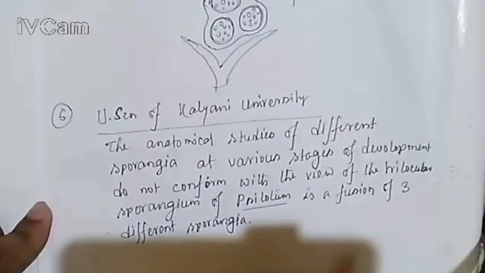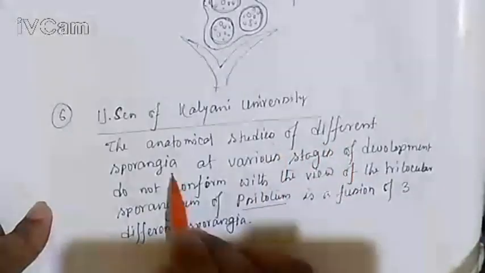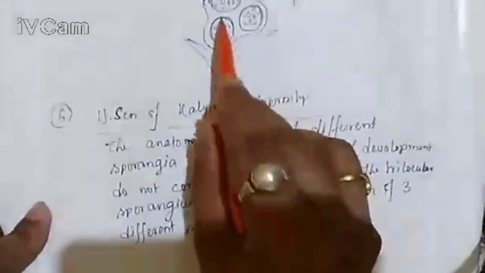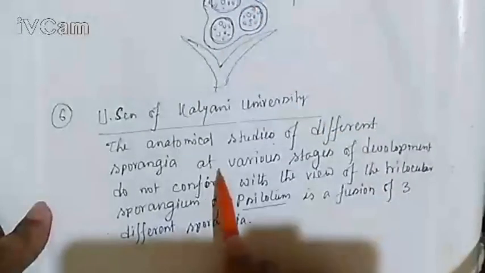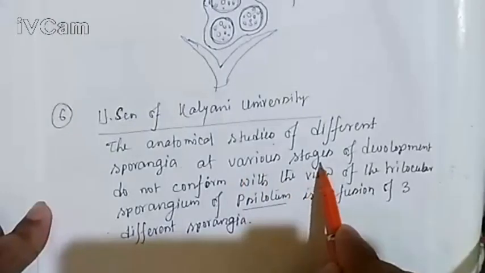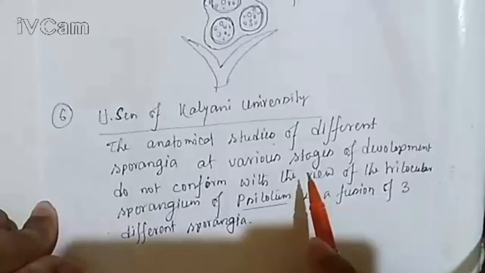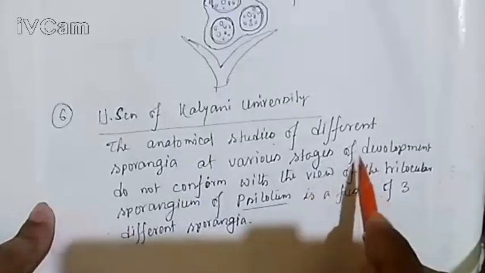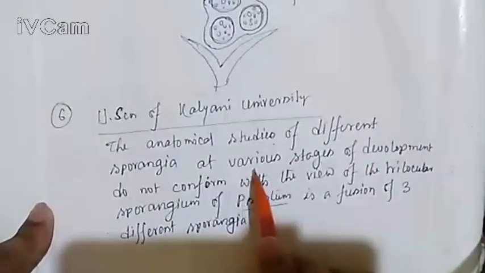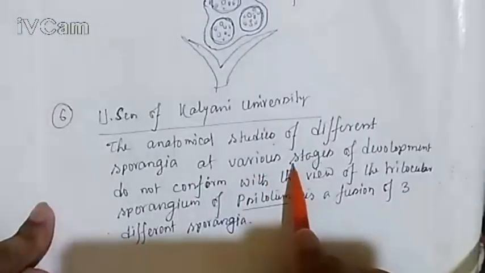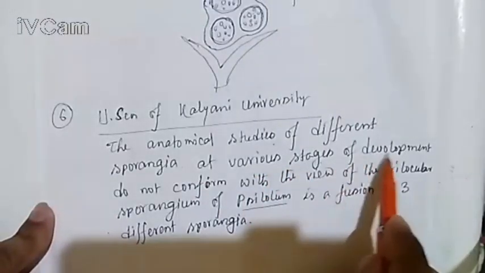According to him, the anatomical studies of different sporangia means here three sporangia present at various stages. Actually he cut the section at various stages, that is younger, older and mature stages of development. Actually he studied various stages of the synangium of development.